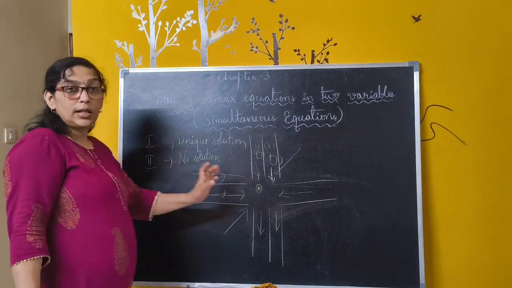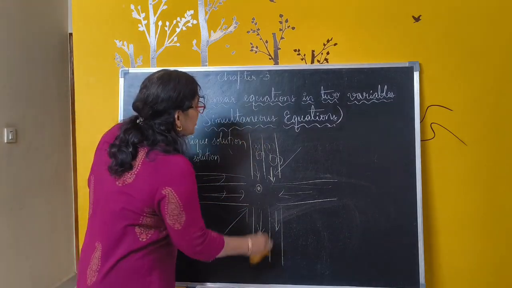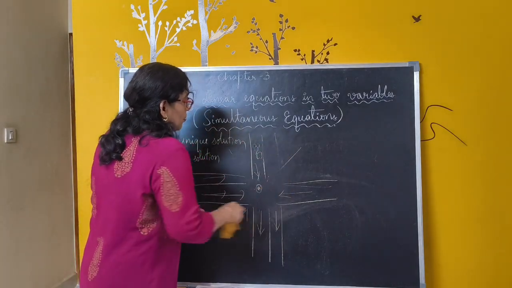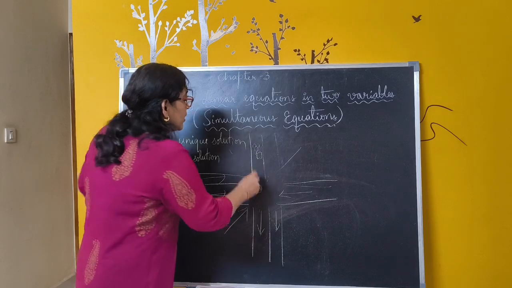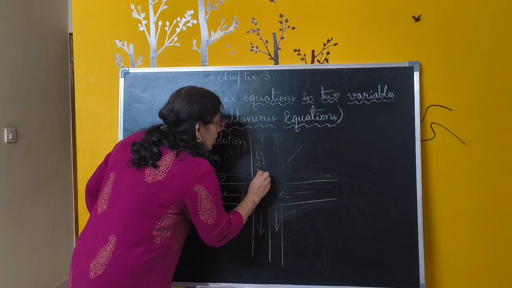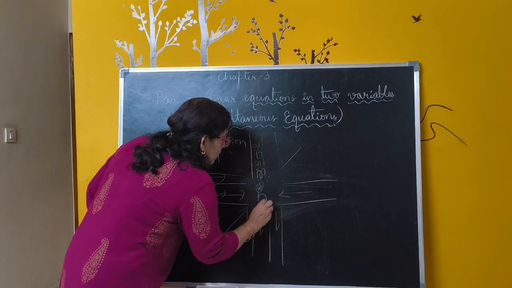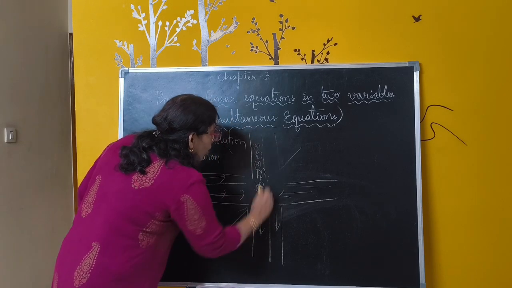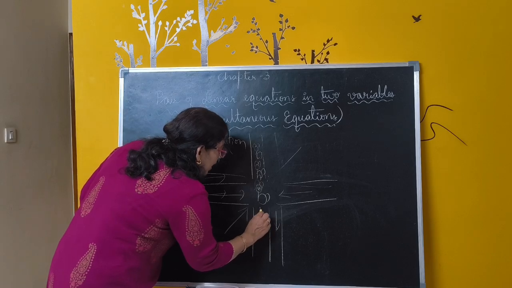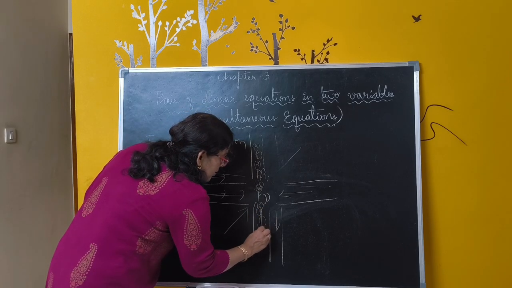Next, the third case. Let us assume they are coming on the same path, the same road. Both are coming, and many cats join in between. They keep on adding like this, moving to infinite distance.